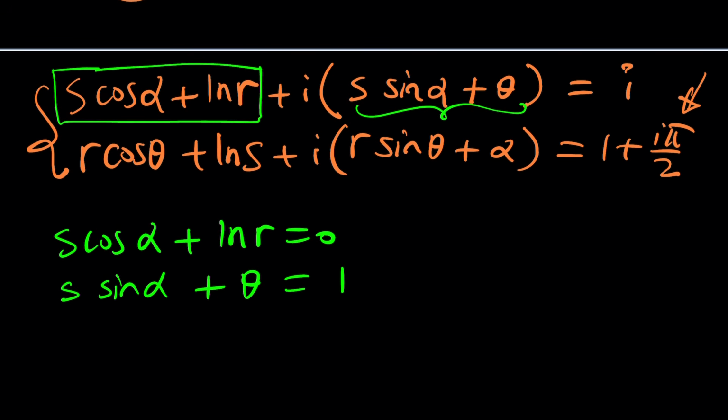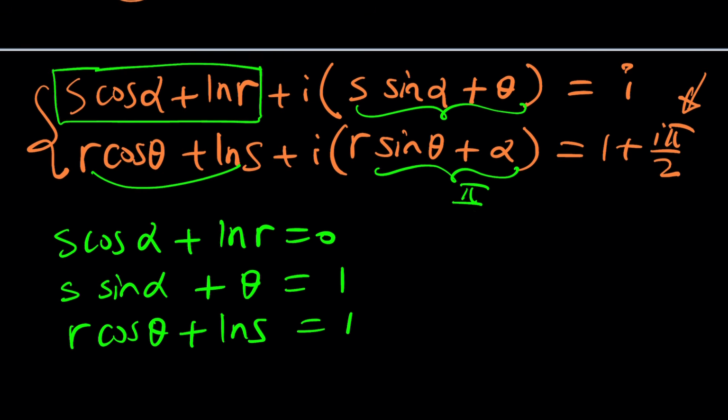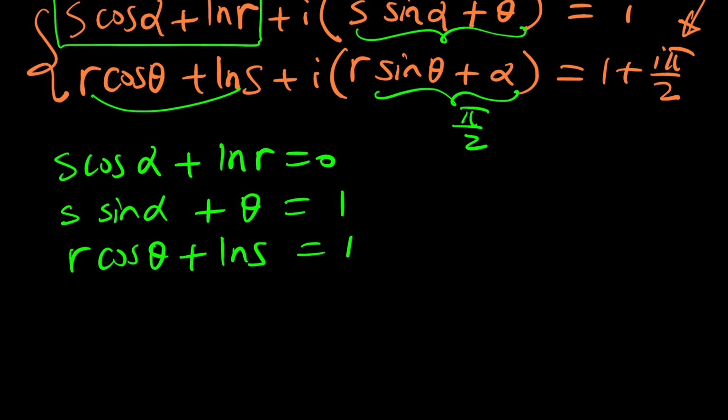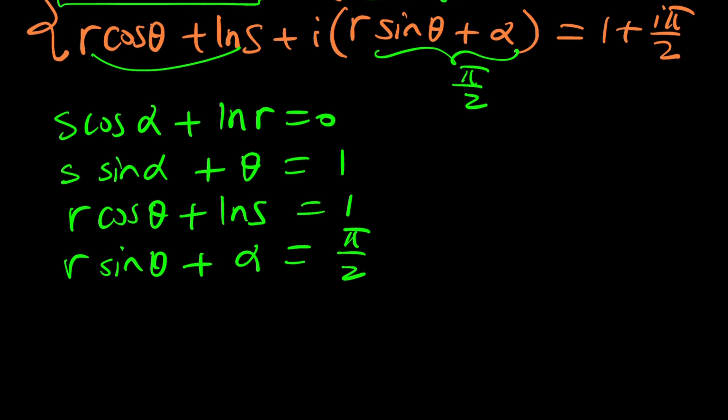Great. And then from this one, we're going to get r cos θ plus ln s. Notice that on the right-hand side, we have 1, so it's equal to 1. And from here, we get π/2 because that's the imaginary part. So r sin θ plus α equals π/2. As you can see here, clearly, right?